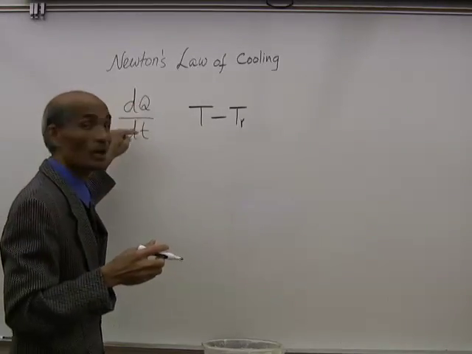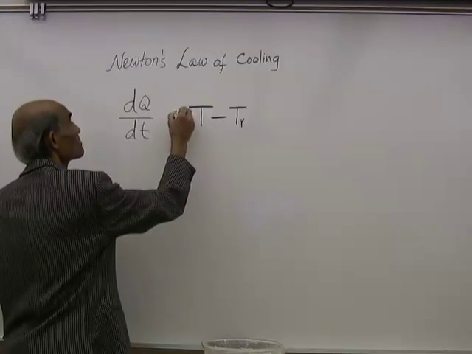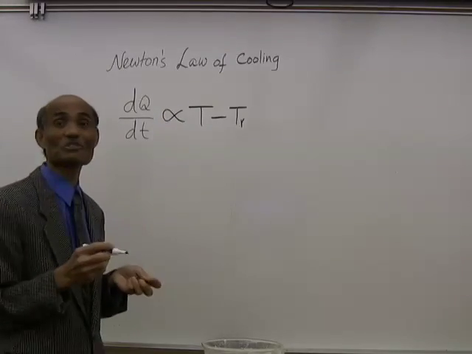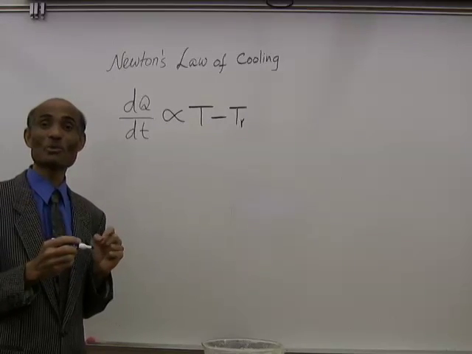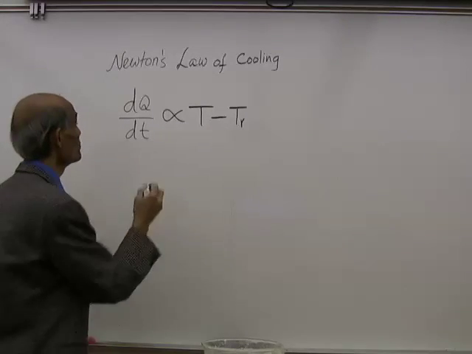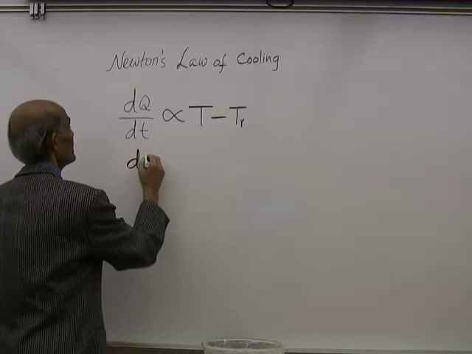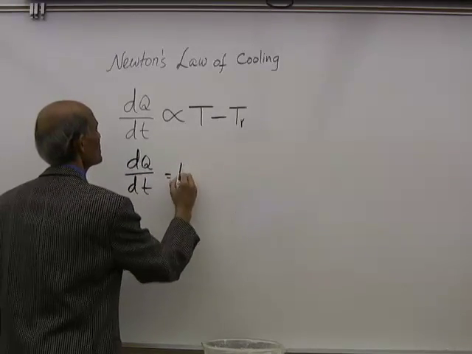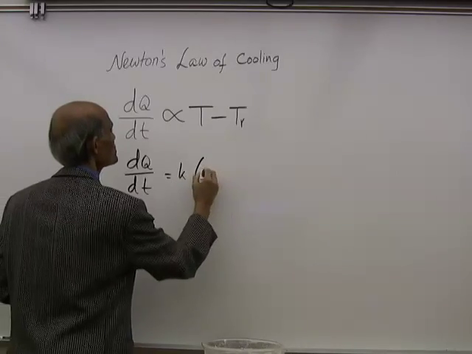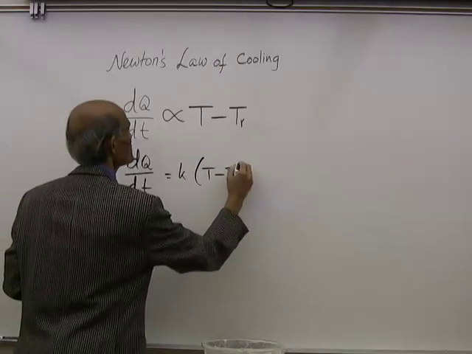The rate of cooling is directly proportional to the excess temperature. And this is what Newton's law of cooling is. And we can write this equation as dQ divided by dt equal to k times (T minus T_R).